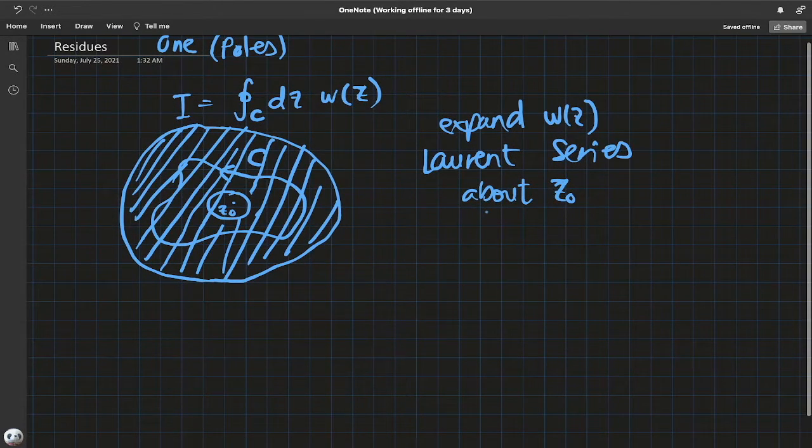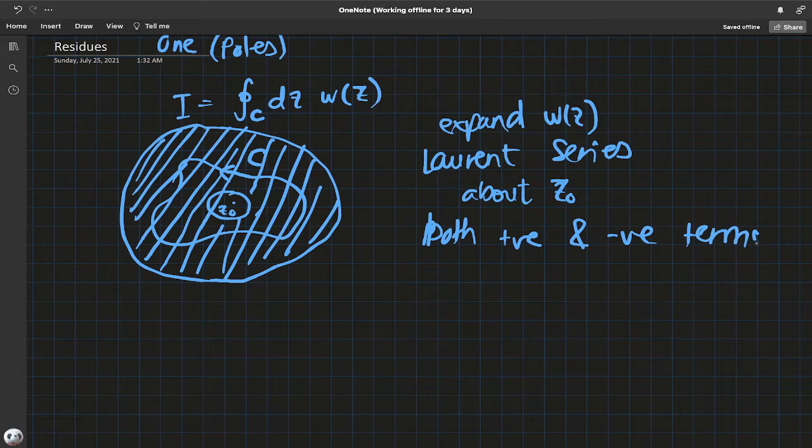So I'm expanding w of z using a Laurent series about z0, and since it is within the annulus of convergence, we can write this as a Laurent series because it's guaranteed to converge and give us both positive and negative terms. So let me write that we have both positive and negative terms. We're guaranteed that.